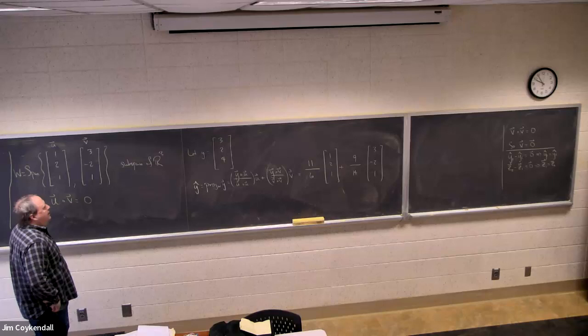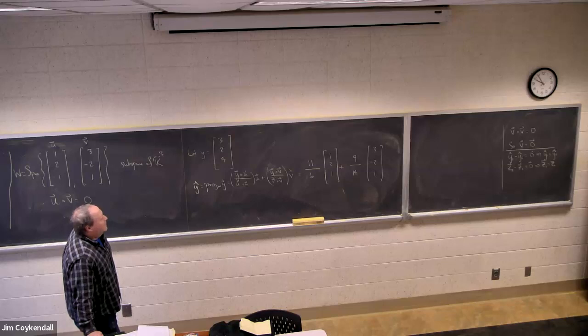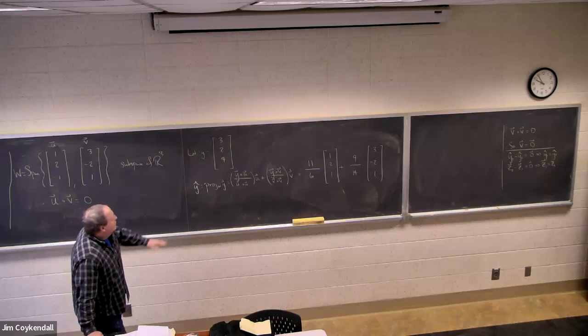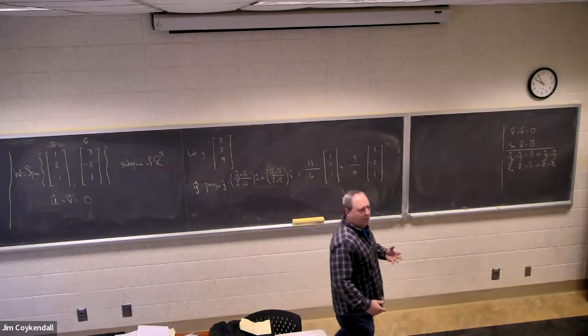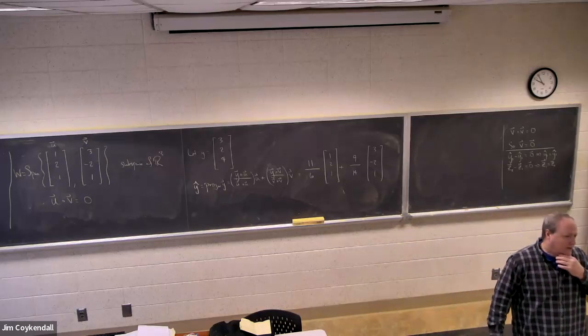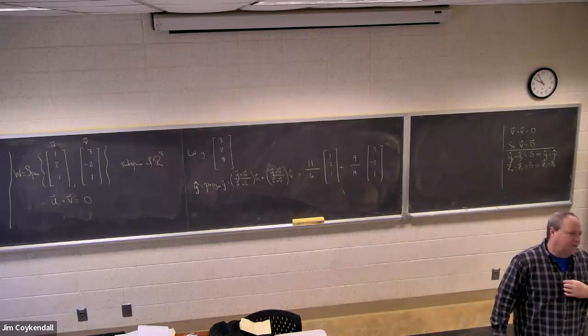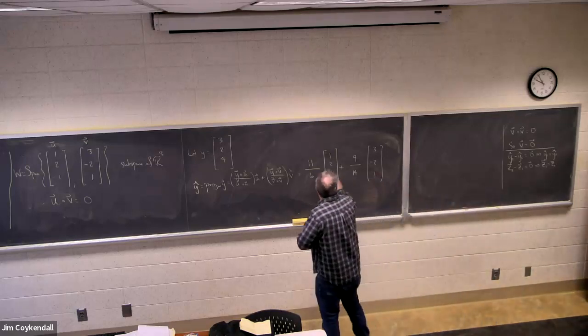What would happen if we had picked a y already perpendicular to this space? Somebody gets 3, 2, 4, right? But what if somebody had picked a vector that was actually already perpendicular to this space? You would have gotten 0, right? That's correct. You would have gotten 0, 0.